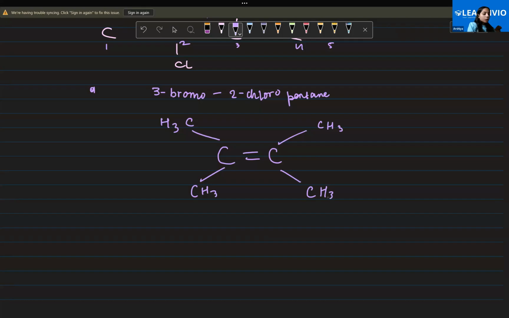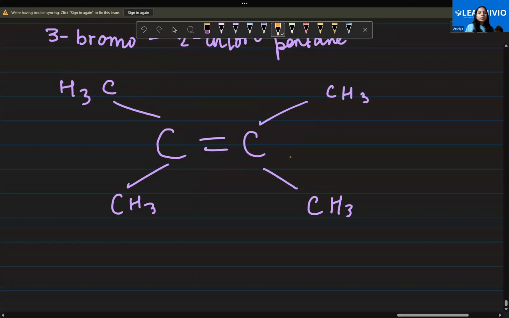Now, can you tell me where the longest carbon chain will be? Let's do it together. It's your first time trying, so just tell me whatever you think. Will it be the middle one? Okay, so I want the longest carbon chain.